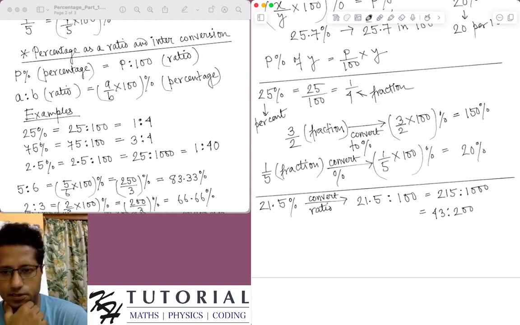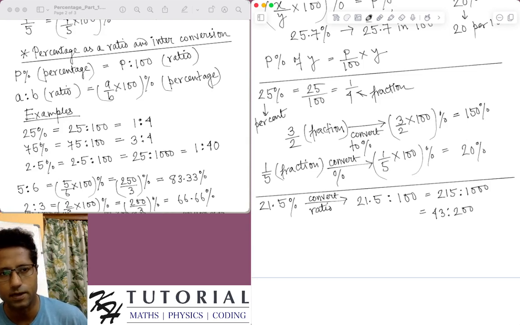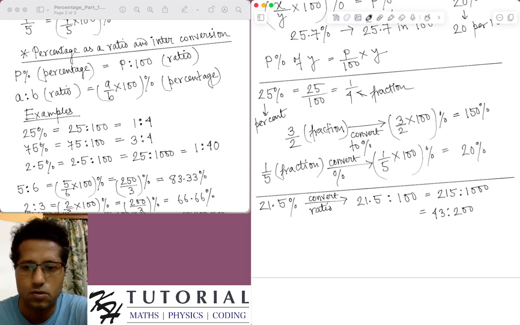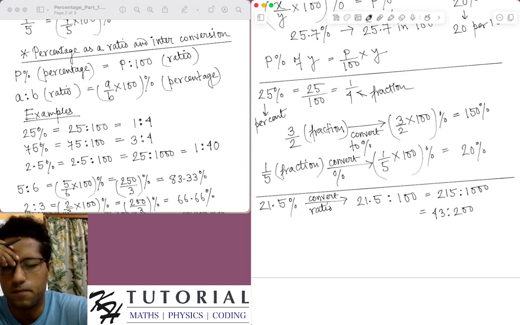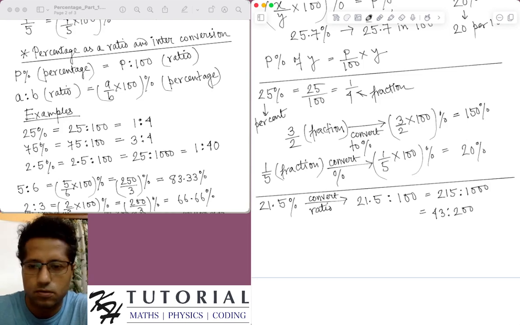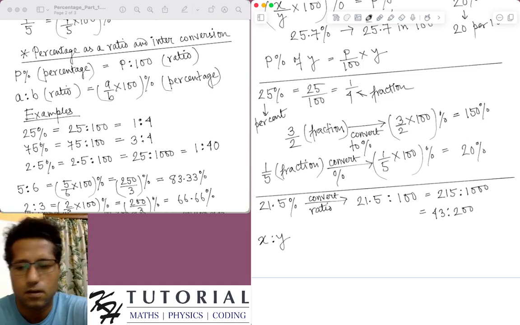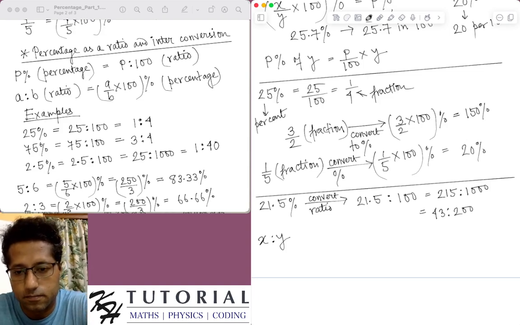So this is how we express a percentage as a ratio. We are given a percentage p, and the ratio will be p is to 100, as simple as that. Now, how do we convert a ratio into a percentage? A given ratio will be in the form x is to y, where x and y are positive numbers.